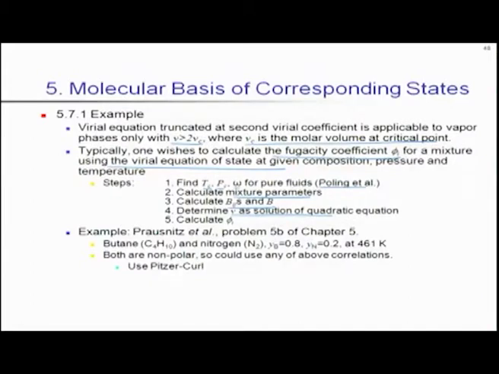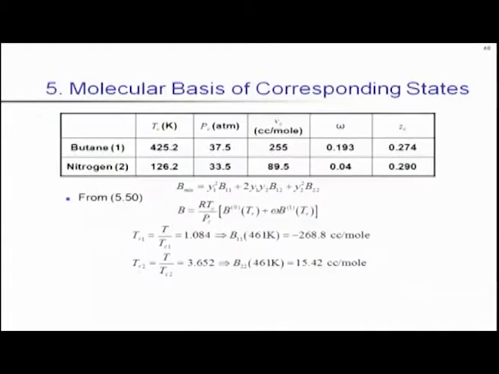For a given mixture of butane and nitrogen, the mole compositions are given as 0.8 and 0.2 at 461 Kelvin. Both are non-polar, and for non-polar fluids these correlation expressions are commonly used. So we have to find the fugacity coefficient phi.